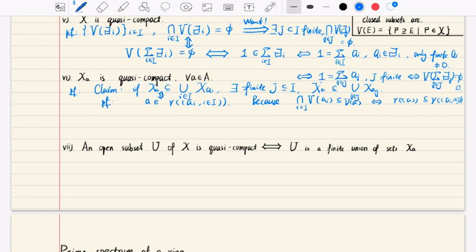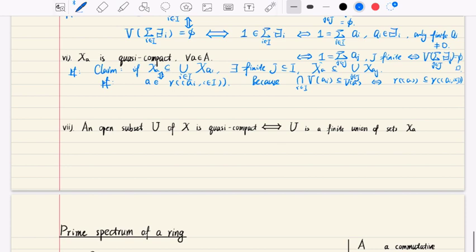Okay, if you get this, you can use the same argument. The meaning of the second sentence is like there must exist a positive integer n such that the nth power of A belongs to the ideal generated by AI.